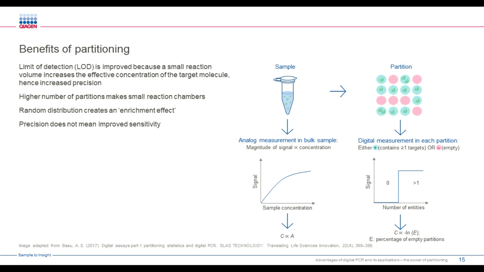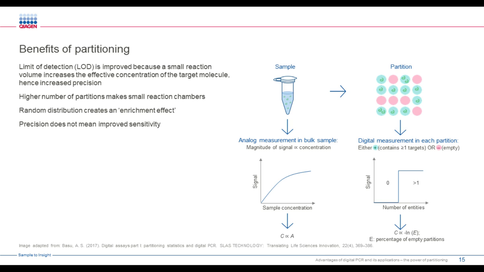So if we go into what the benefits of partitioning are. If we look at a real-time PCR, we have something that is exponential, so basically the light emitted is based on the concentration in a normal real-time PCR.